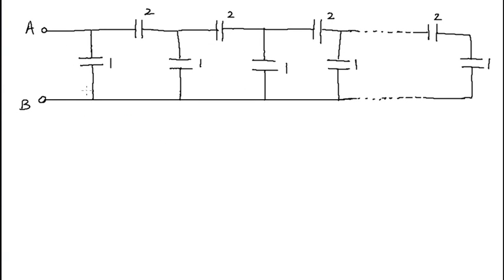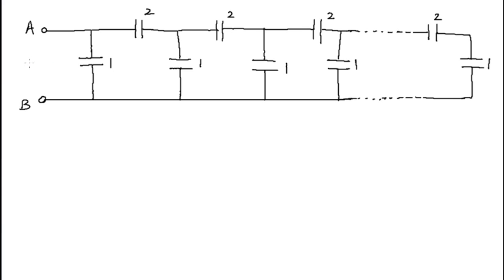Now let us return to the problem in which we have been given a certain network of capacitors. The capacitors used are 1 microfarad capacitors and 2 microfarad capacitors, and in this particular diagram I have not written the units, which must be assumed to be microfarads everywhere.